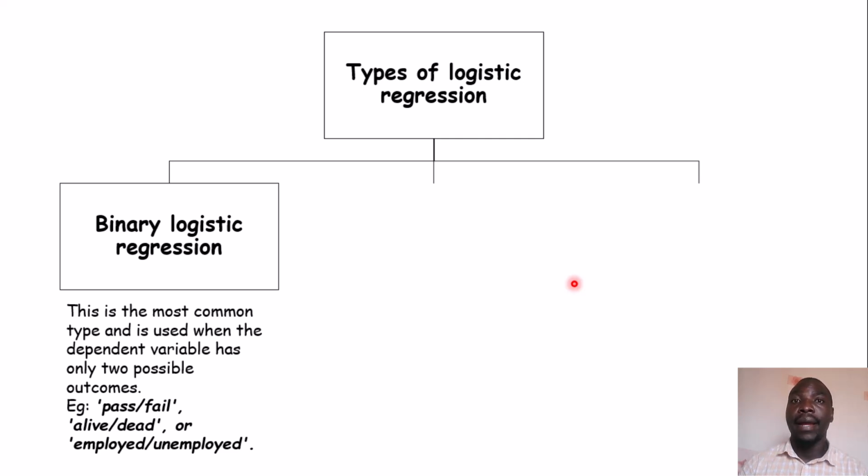When we say binary, the outcome only takes 2 options, either pass or fail, alive or dead, employed or unemployed. All your participants fall in one of those 2 categories.